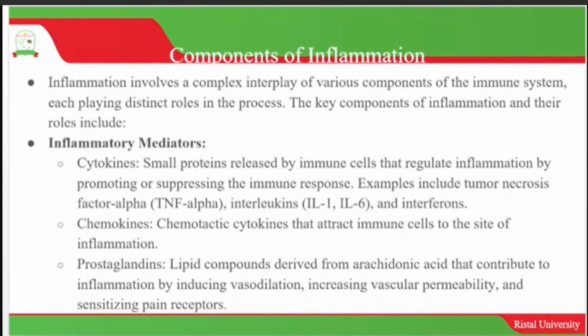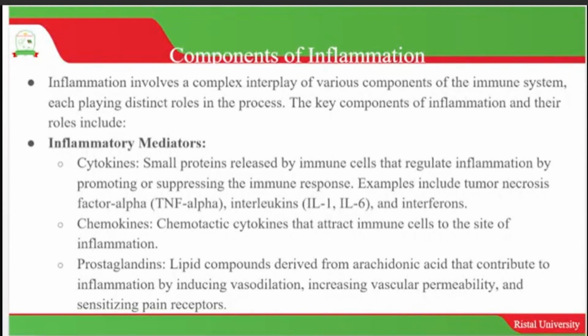Therefore, the body responds by producing chemical mediators, or inflammatory mediators, which will attract the immune system specifically at the site of inflammation to come and counteract the effect of the triggering factor. And this attraction to the site of infection or to the site of tissue injury is done by inflammatory mediators known as chemokines.